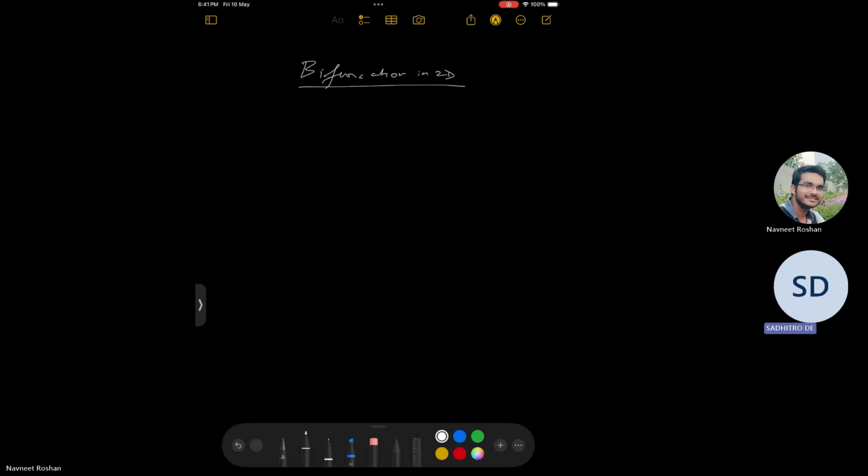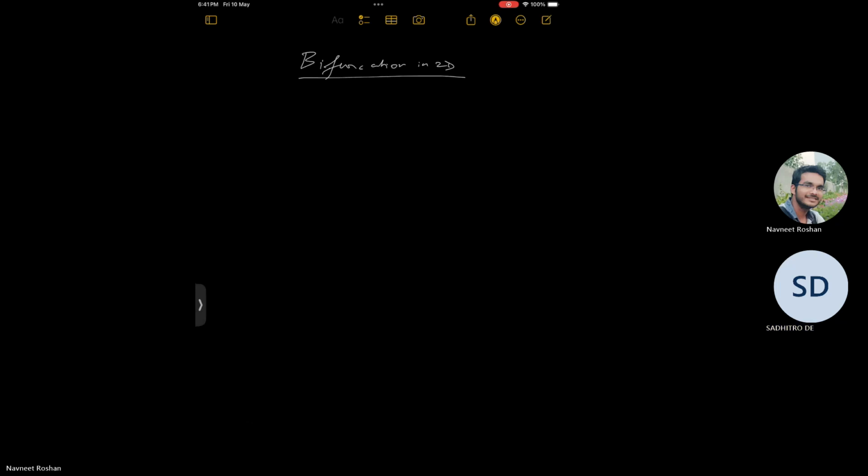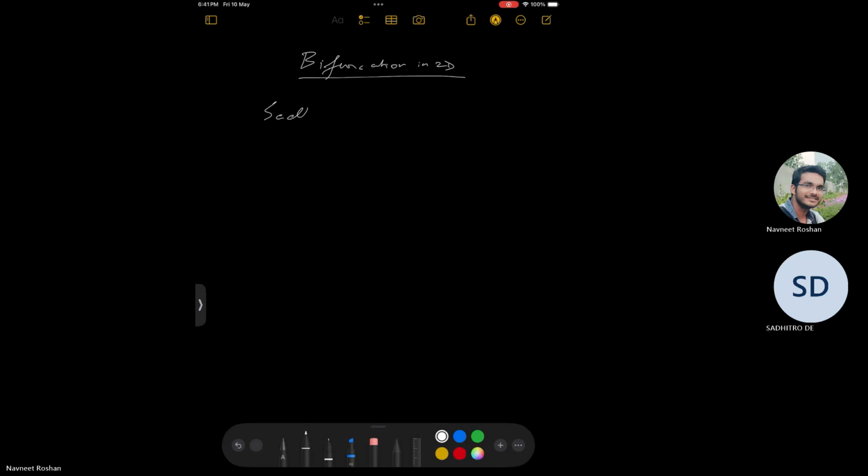Okay, so first we start off with the saddle node bifurcation of limit cycles.